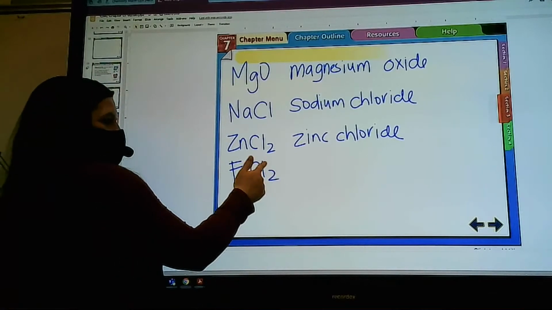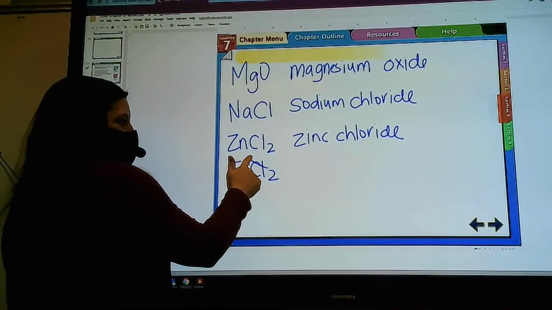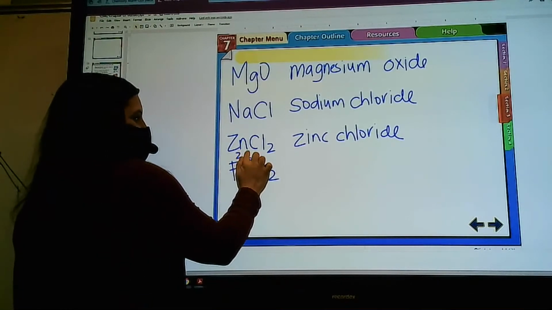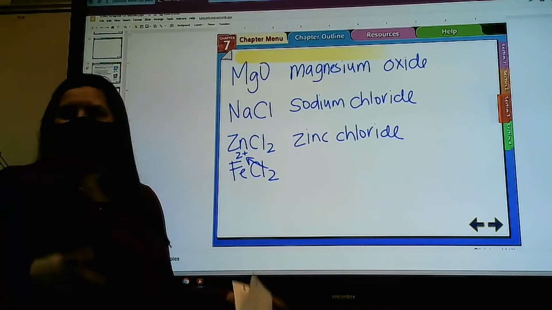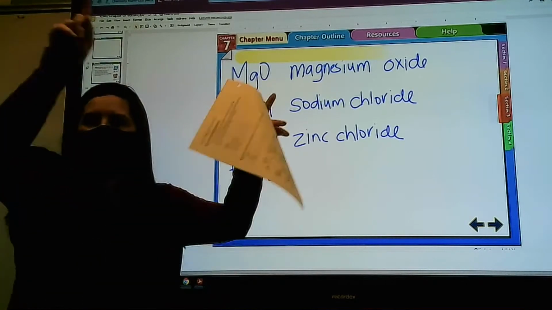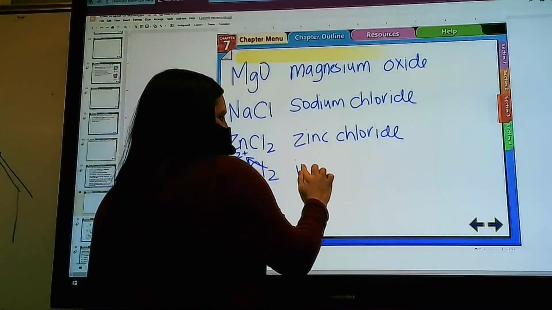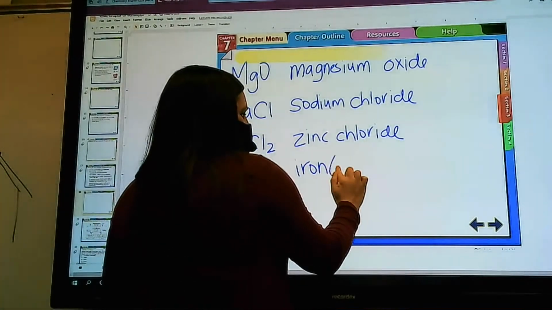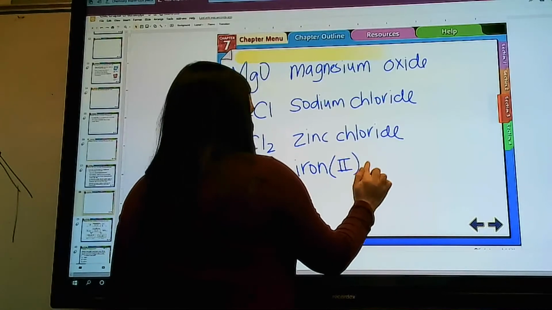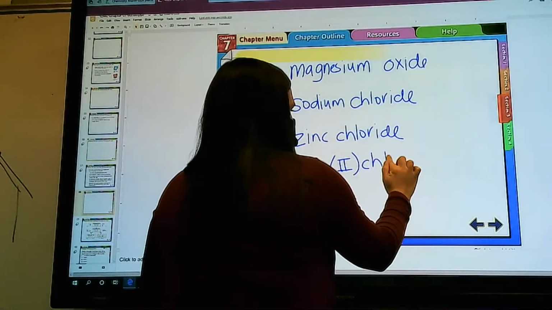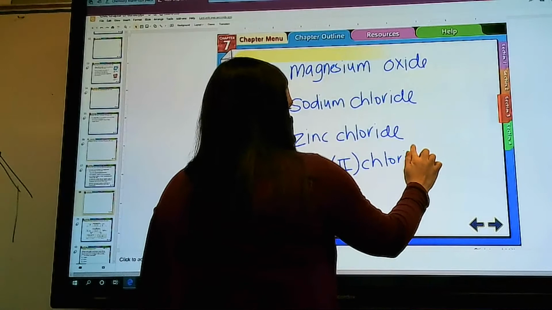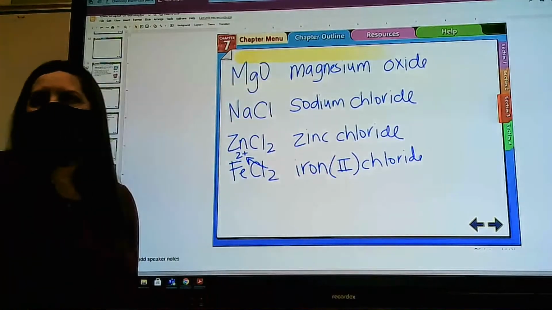Meaning if there's subscripts here, then I pull this guy up to the top, and I know that originally it was a 2+. Like we did crisscross to get them down, we do reverse to get the charges. So when we write this for a transitional metal, we say iron 2 and then chloride there.